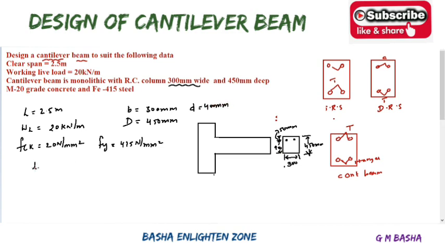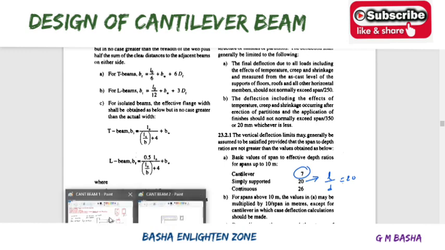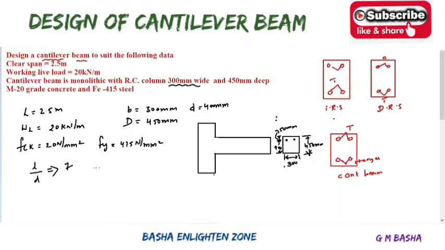Otherwise you can check the span to depth ratio. The span to depth ratio for cantilever beams is 7, as you can see in the code provisions. We already solved many problems on simply supported beams, where L by d is 20, but for a cantilever it is 7. So what is the span given? 2500 by 7 equal to d.